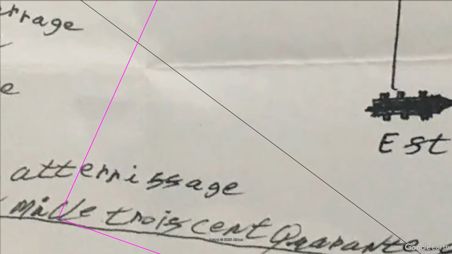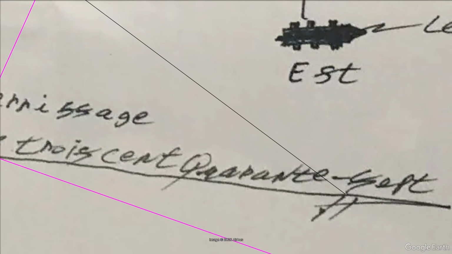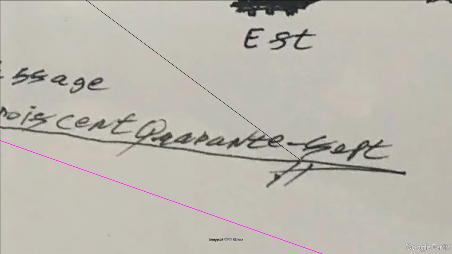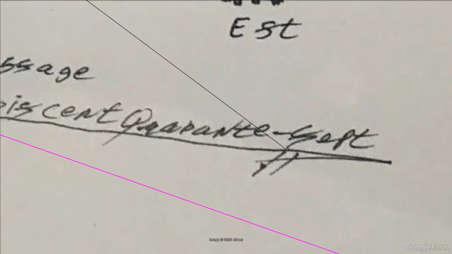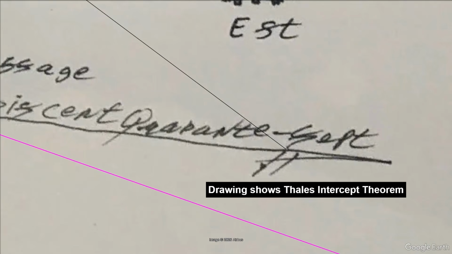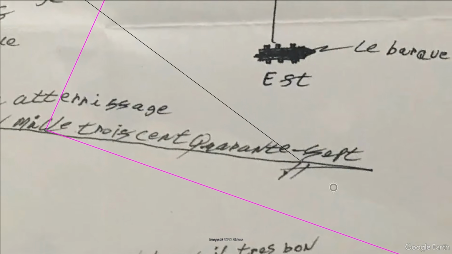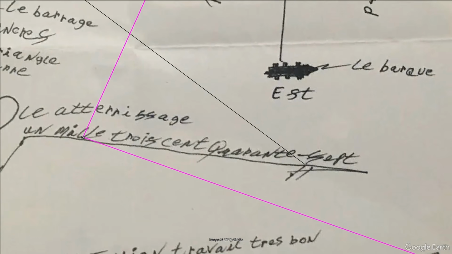So if you take this vector all the way down, it goes to a very important drawing, which is the Thales theorem drawing underneath the word sept in the 1347 number.